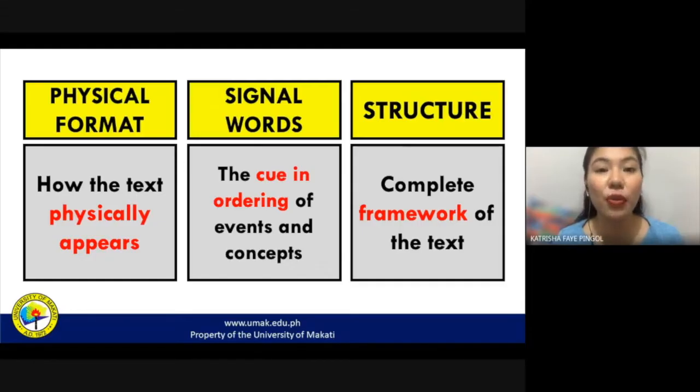By structure, we can simply refer to the previous lesson, which is text patterns and text structure. Is it narrative in format? Is it descriptive? Is it cause and effect? And so on and so forth. So you can assess that by reading the entire text and see if it really did have this complete framework that supports the purpose of writing the text in the first place.